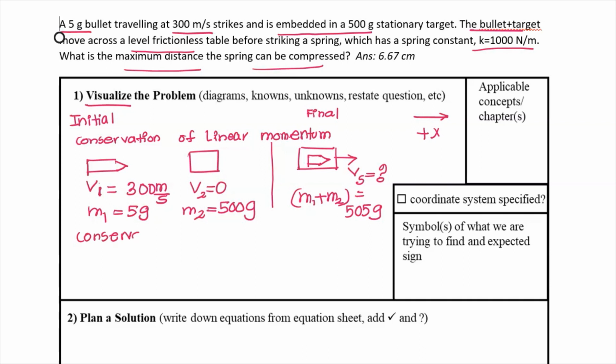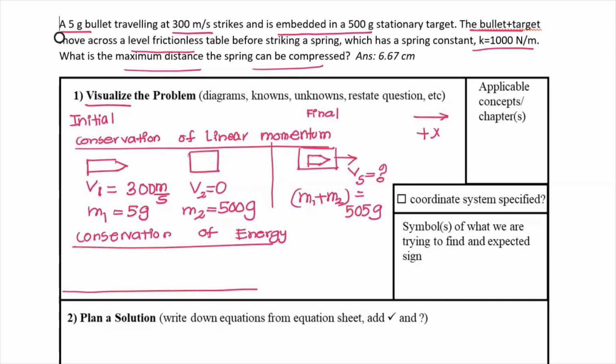For the second part of the motion, we cannot use conservation of linear momentum. Why? Because there's an external force acting on the system. What is this external force?